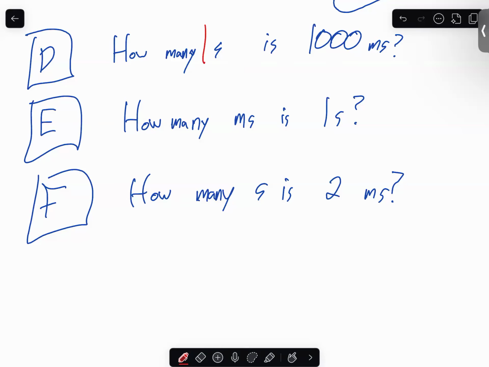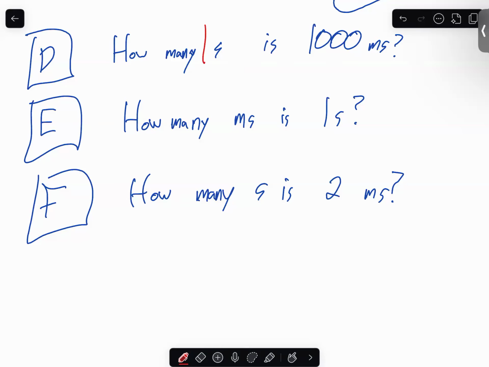Not 1,000th of a millisecond. 1,000th of a millisecond goes by the name of 1 microsecond. A fraction of a milli is a very small number. You need a lot of millis to add up to a whole. How many seconds is 2 ms? 2,000ths.